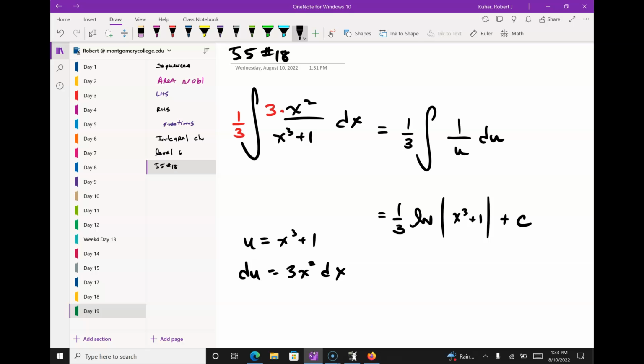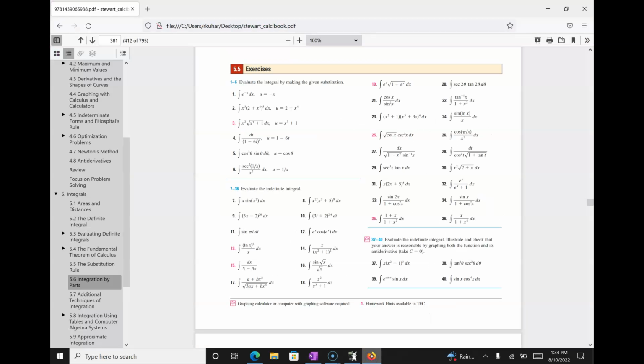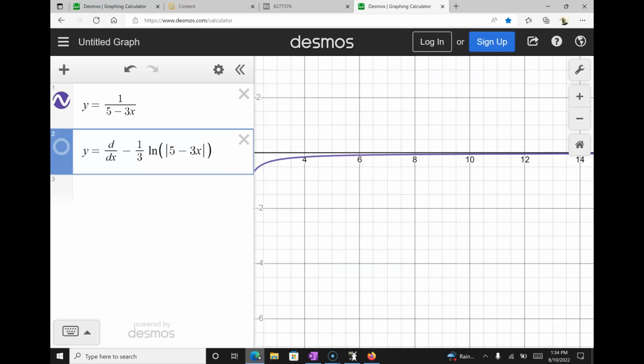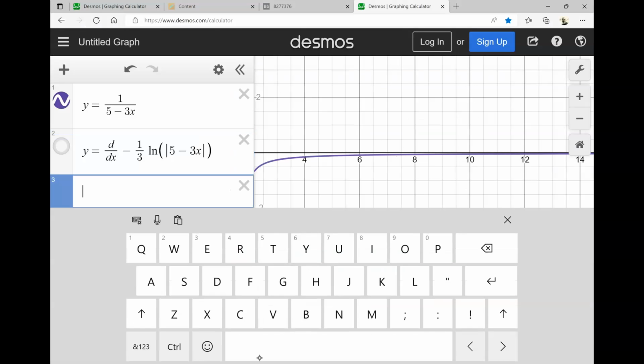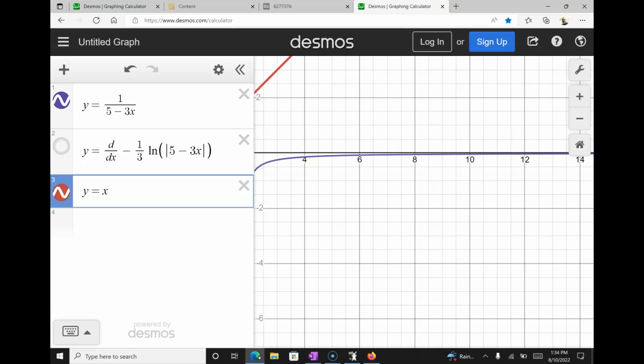Yes, because x cubed plus 1 has negative values, right? When that thing inside it is never 0. So again, you can check it. The inside here is x cubed plus 1, so y equals x cubed plus 1.